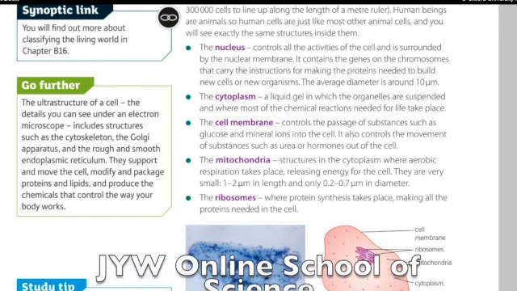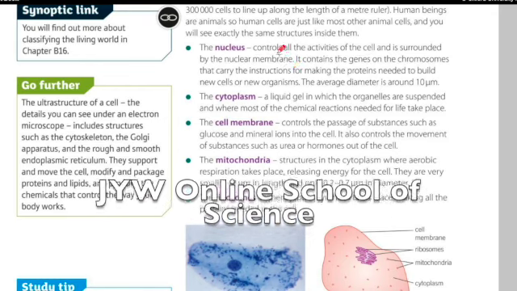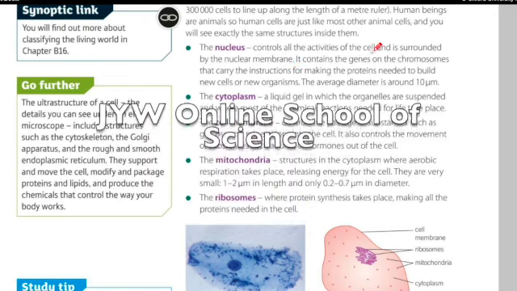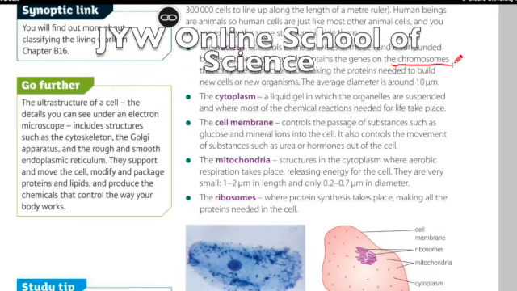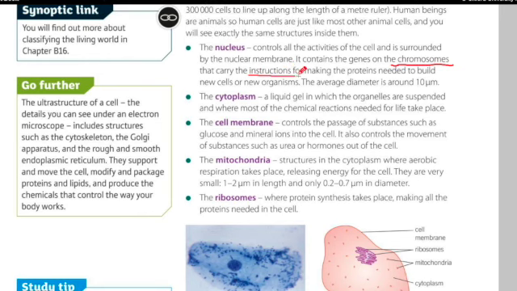The nucleus is the brain of the cell. It controls all the activity of cells because it contains the genetic materials called chromosomes. And that gives you the instruction for making proteins. So it's very important.